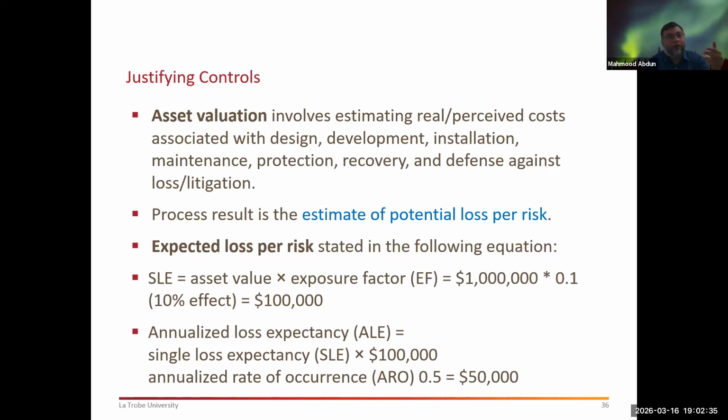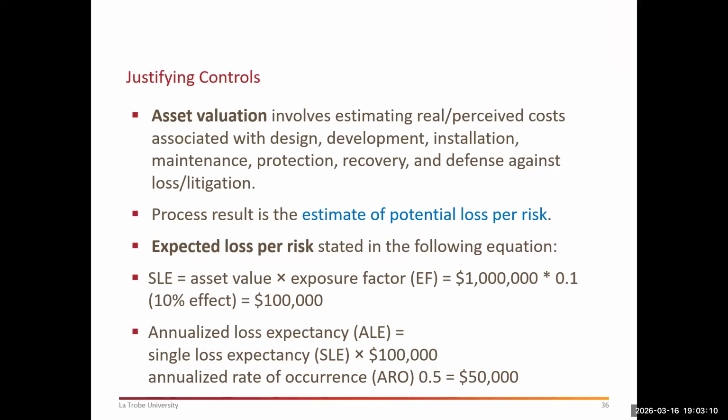So if it happens every 2 years, the chances of it happening in 1 year is half, correct? So this is known as the annualized rate of occurrence, which means half. Then to calculate the annualized loss expectancy, we multiply the SLE with the ARO, and therefore we get 50,000. It's basically half of that one, because this event will happen every 2 years. So every 1 year, your loss will be 50,000. Understood? Okay, good.